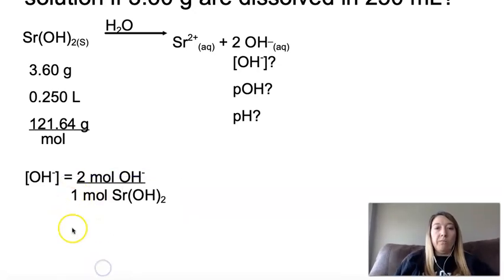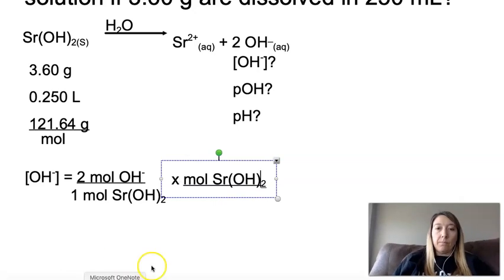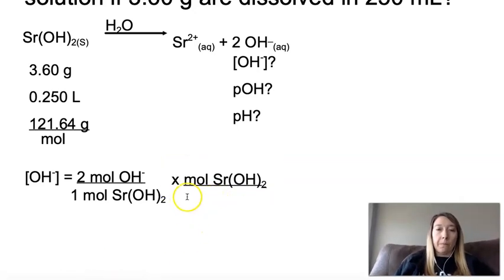Okay, we need to get rid of moles of strontium hydroxide. We have that in the molar mass, so we're going to take the molar mass and we're just going to flip it over so that we get moles of strontium hydroxide, oh, forgot a bracket, over that 121.64 grams, right? Now we have canceled out that unit moles of strontium hydroxide.